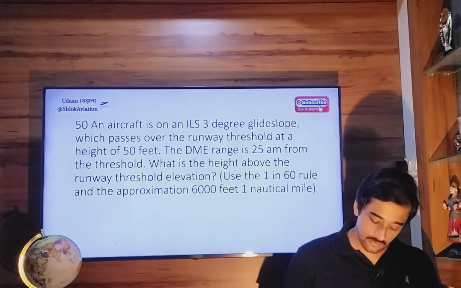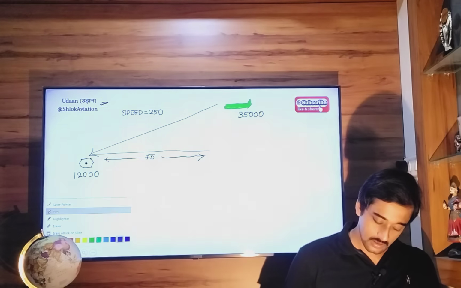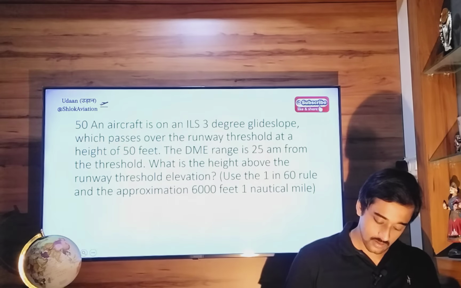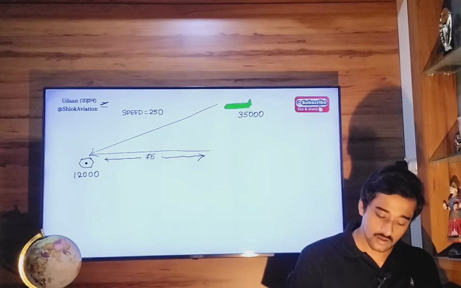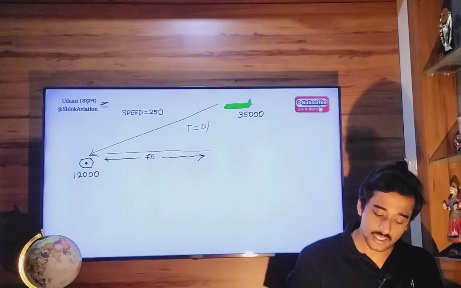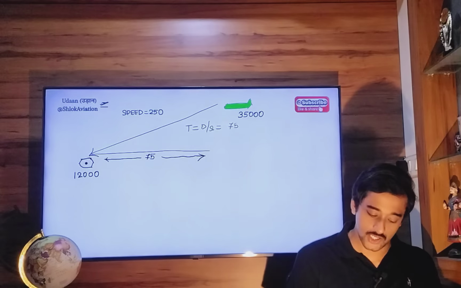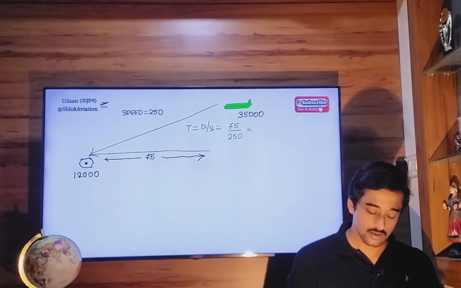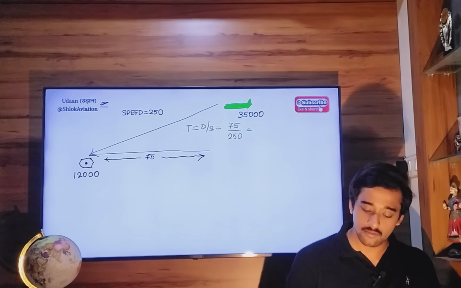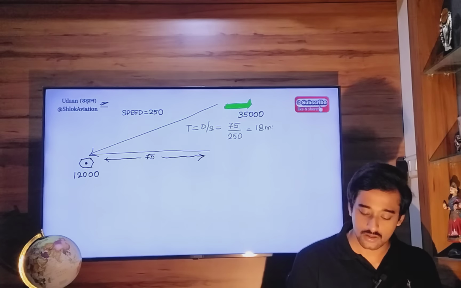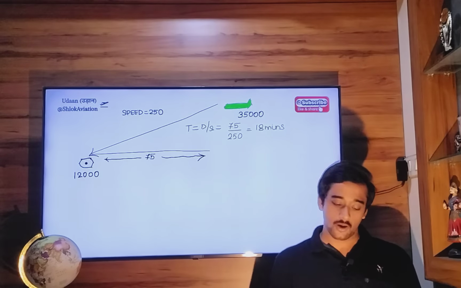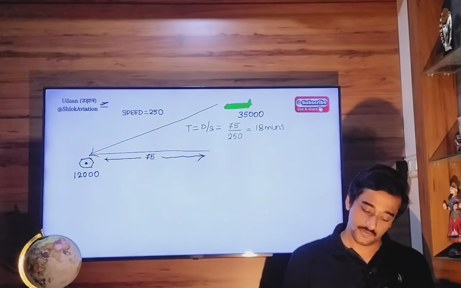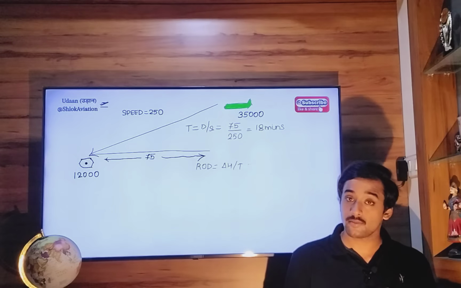Now, the time taken will be equal to distance divided by speed, so 75 miles divided by 250 will be equal to 18 minutes. Now, rate of descent equals change in height divided by the time taken.